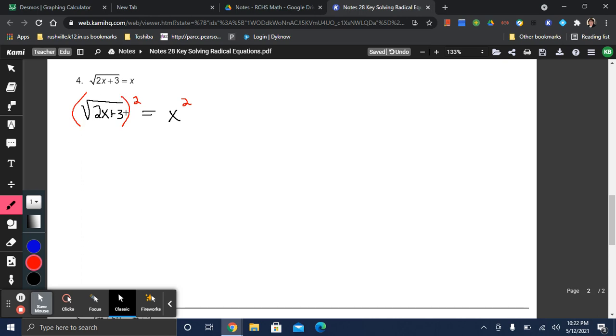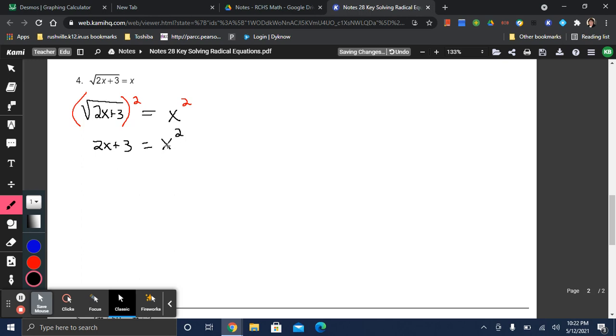And so on this side, the square root raised to the second power goes away. So you just have 2x plus 3. And then you have equals x squared.